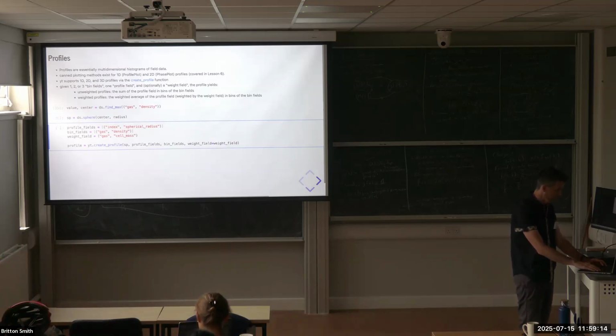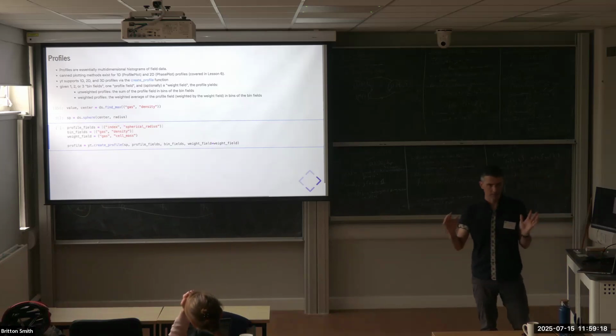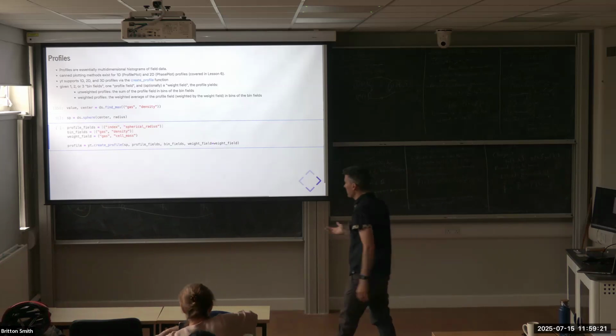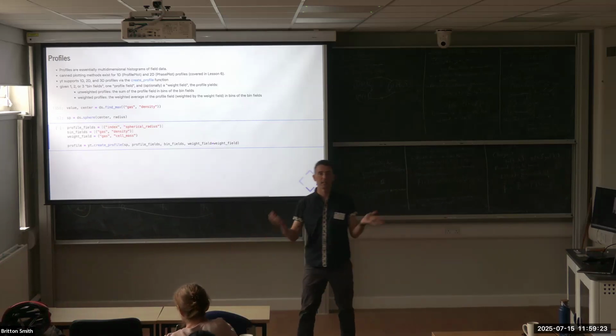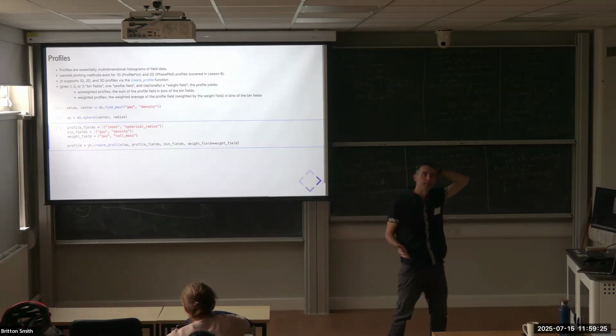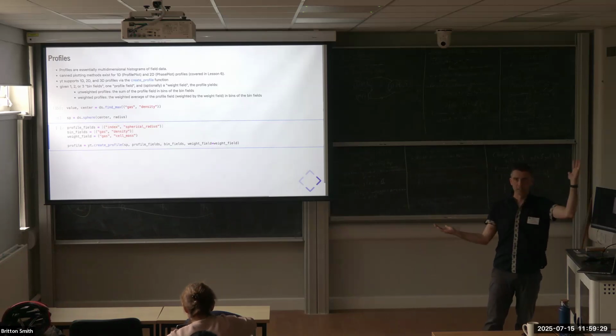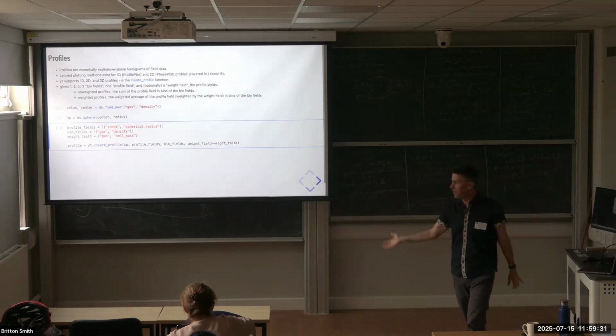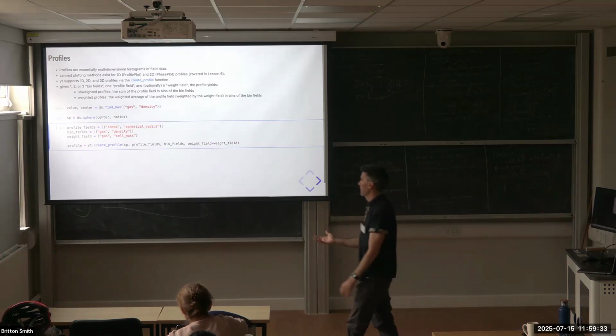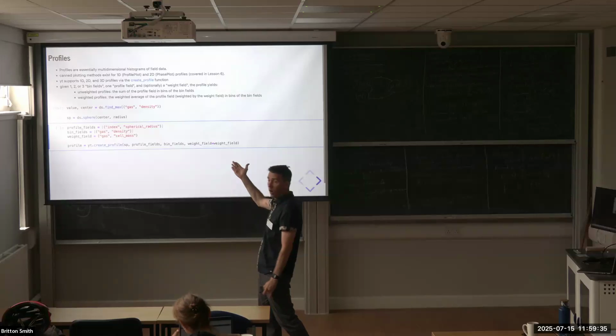Okay, now we're going to talk about something different. This is the last thing we're going to talk about here. This also doesn't necessarily stick into data containers, but it's one of the most common things that you might want to do with data, which is essentially to bin it in different ways and get multidimensional histograms of the data. That's what we call profiles.